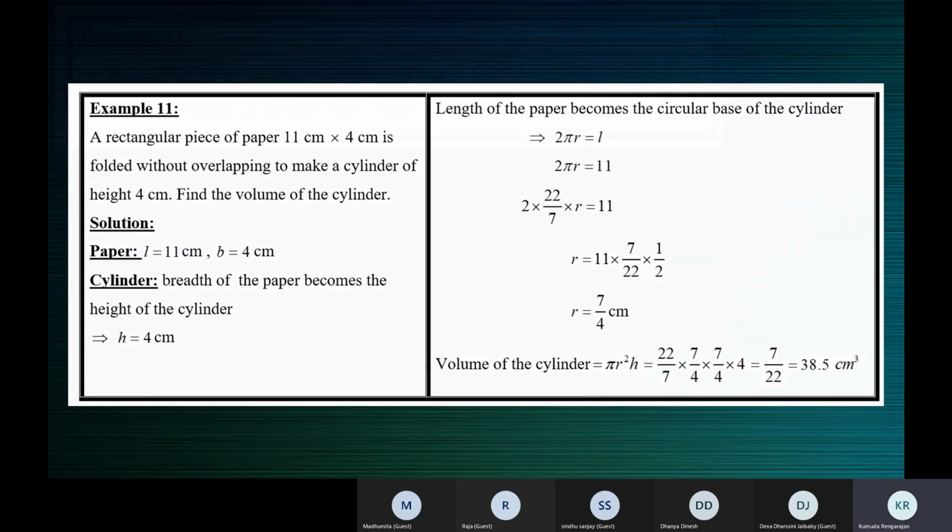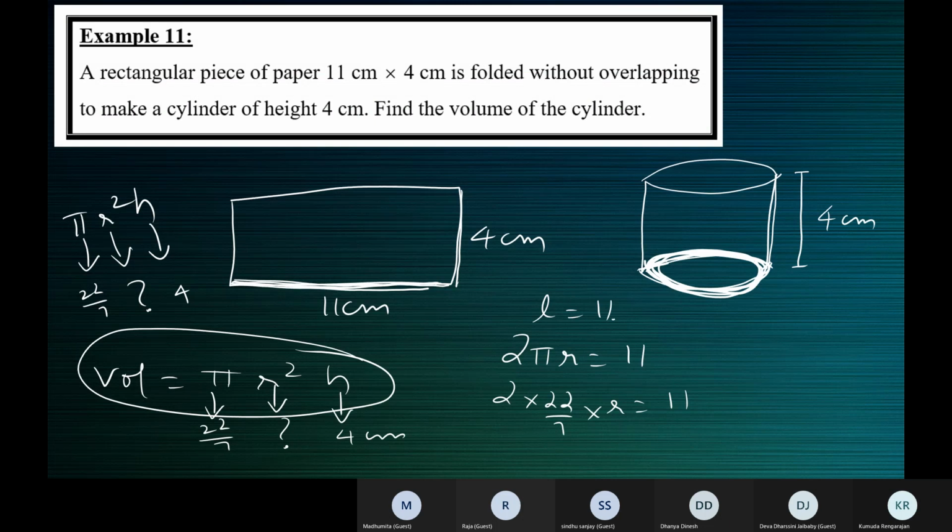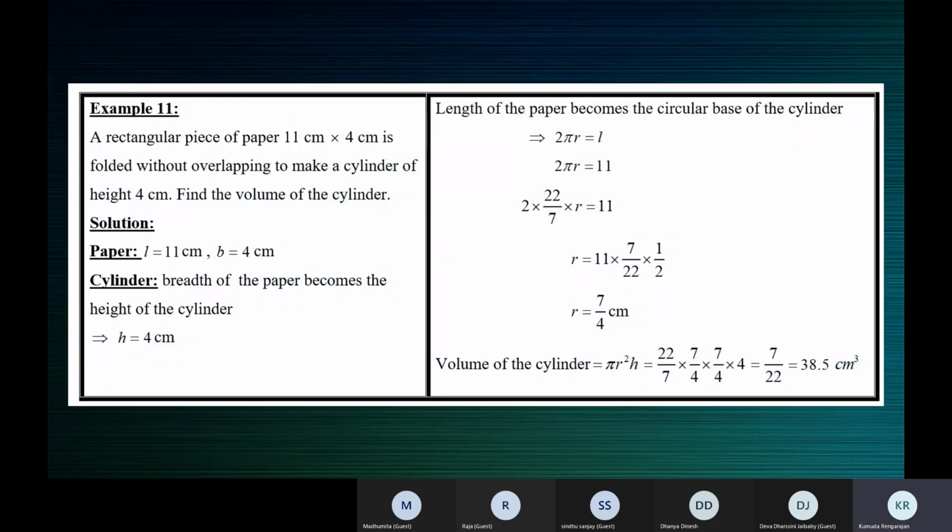You can see the answer here. Please go through the answer. So we should first find r and then find volume, because without r, how to find? Use the formula pi r squared. So how to find r?